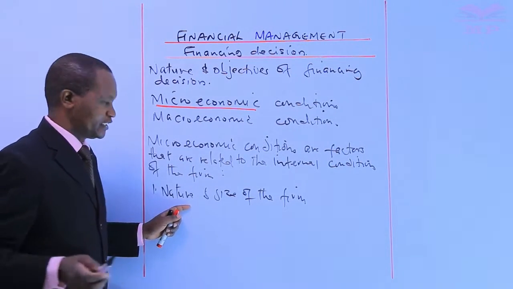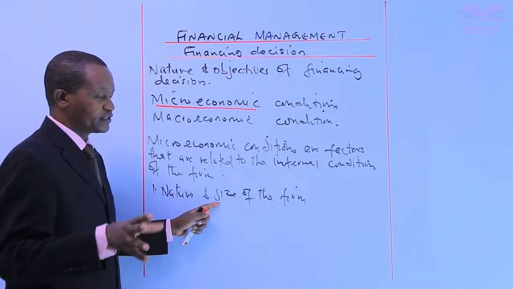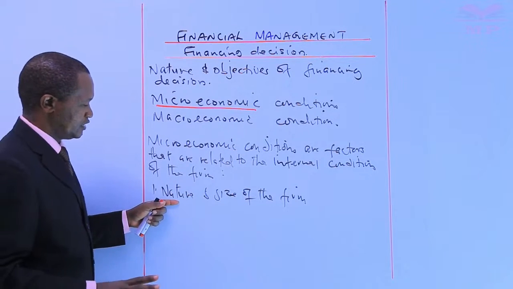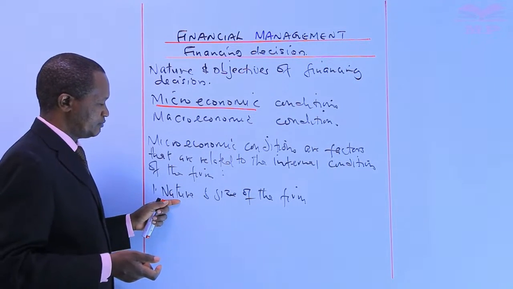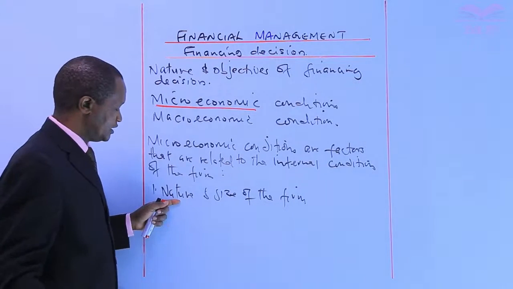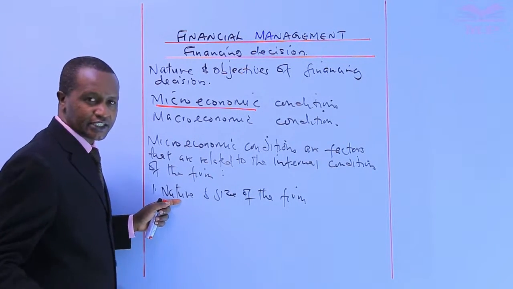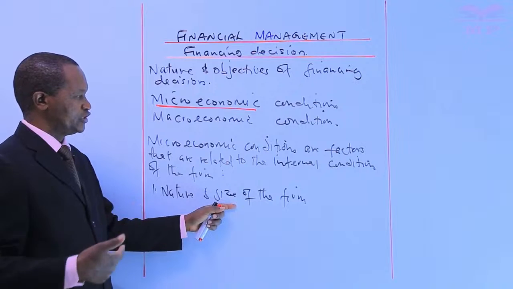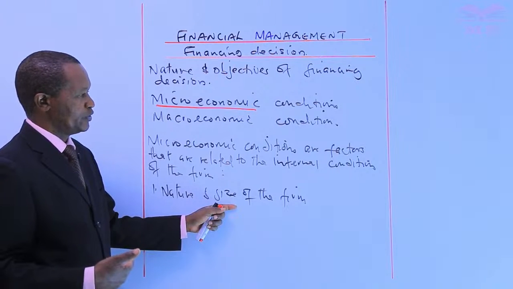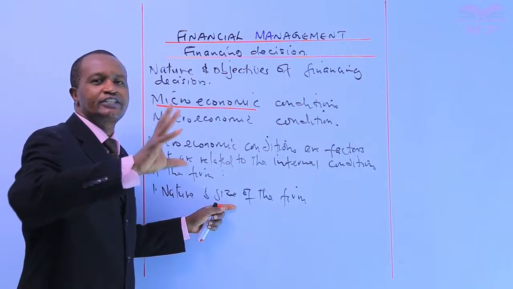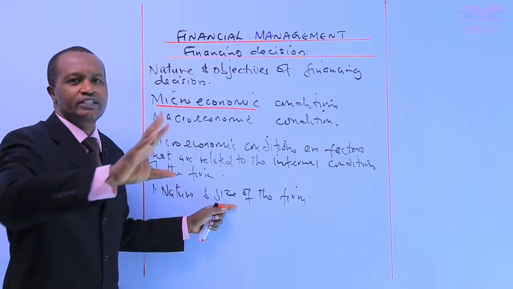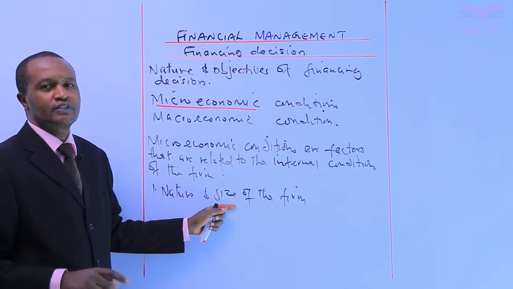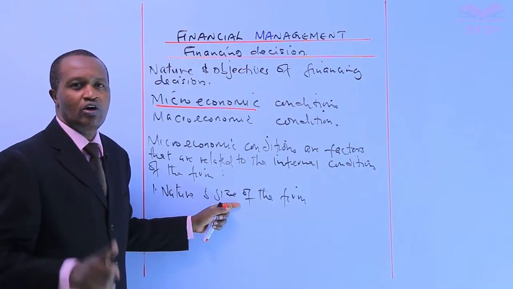The nature and the size, because we have small firms, we have large firms, we have private firms that are run by families, we have firms that are incorporated. So the nature and the size of the firm is an internal condition that will influence the financing decisions of the firm.